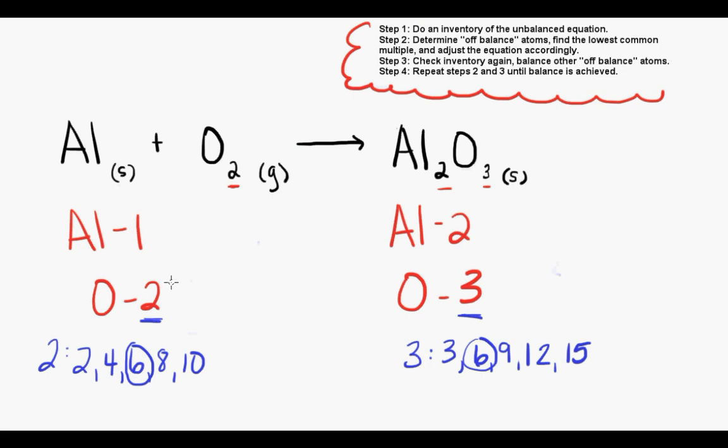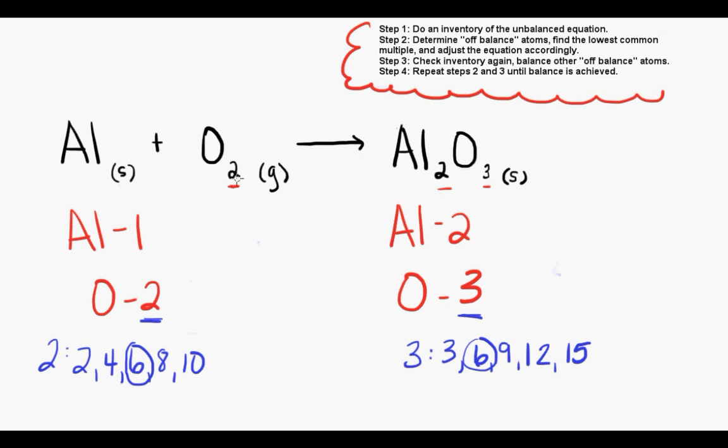In order to adjust the actual reaction, we're going to be using coefficients. Coefficients are numbers that are placed in front of the reaction participants. We can't add or adjust the subscripts of a reaction because this would completely change the chemicals involved. So we'll start with the oxygen on the left, and we need to find a coefficient that will bring our total number of oxygens on the left to 6.